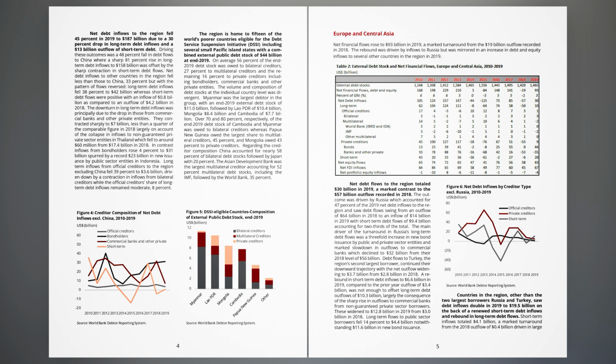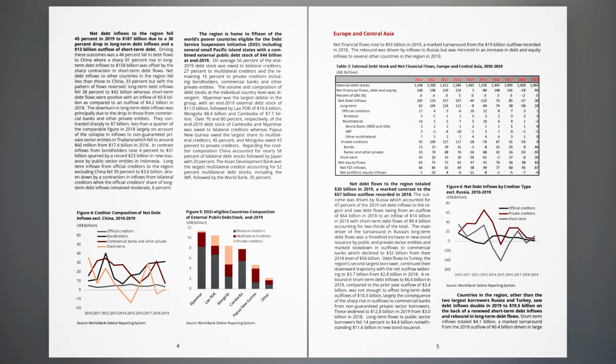These widened to $12.8 billion in 2019 from $3 billion in 2018. Long-term flows to public sector borrowers fell 14% to $4.4 billion, notwithstanding $11.6 billion in new bond issuance.